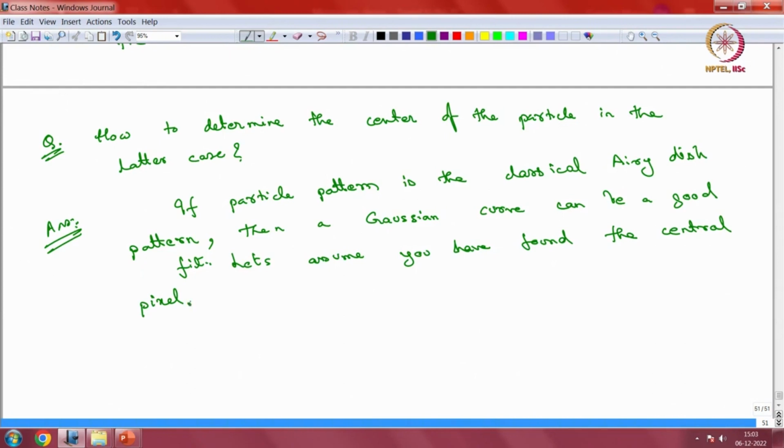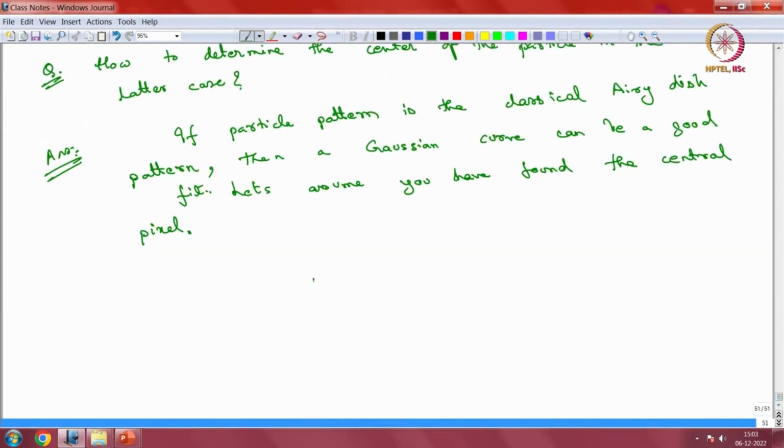Now, let us say these are pixels. I have been able to locate the center pixel which corresponds to my particle. Now I also know the values in the pixels close by, and I can apply what is often known as the centroid method for finding the center of the particle.